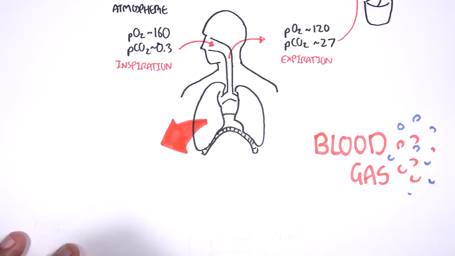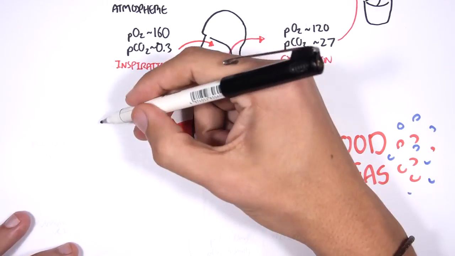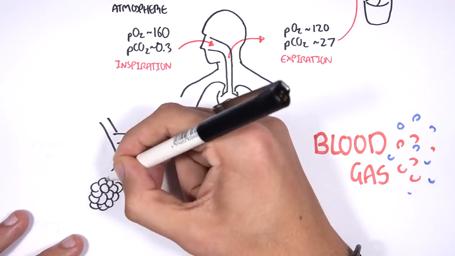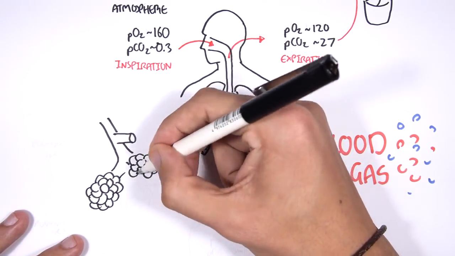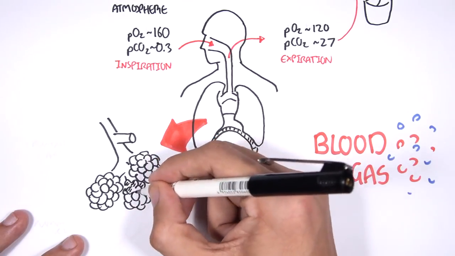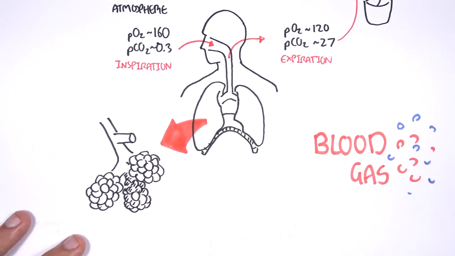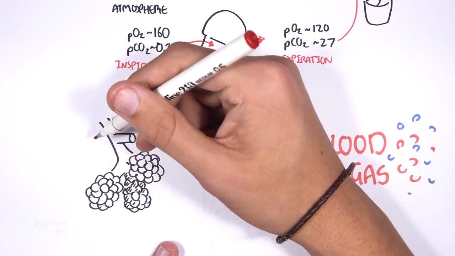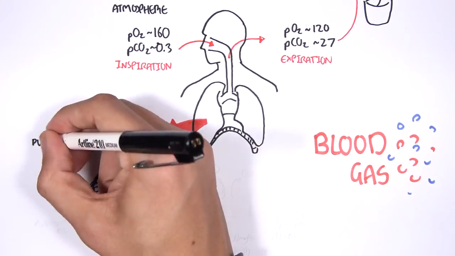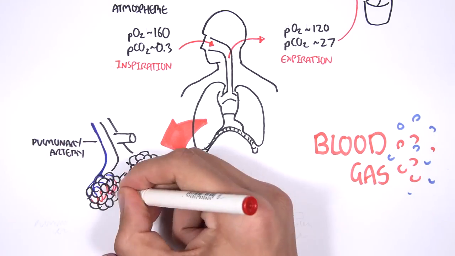When we breathe in these gases, the gases will travel down our respiratory tract to the terminals called the alveoli. And here I am drawing three alveolar sacs. The pulmonary arteries come towards the alveoli, carrying with it deoxygenated blood.